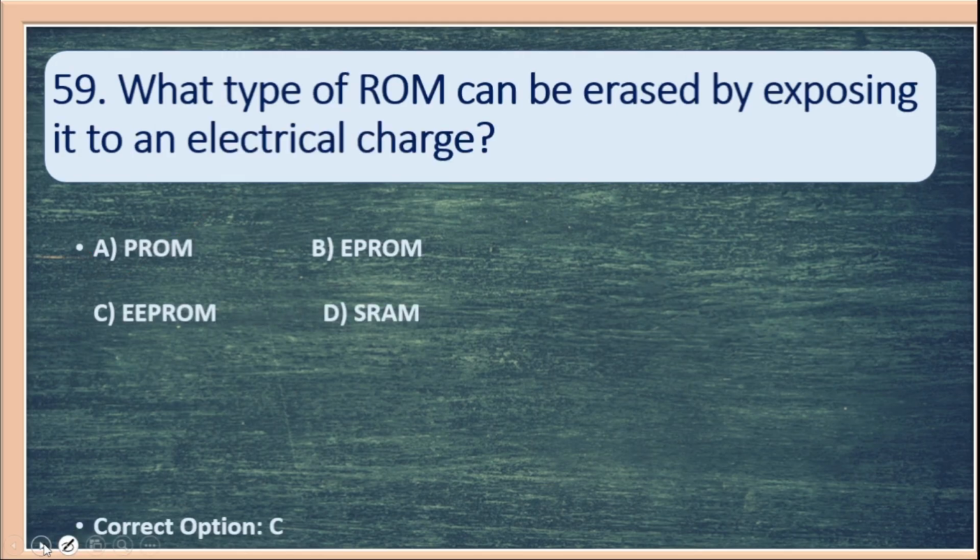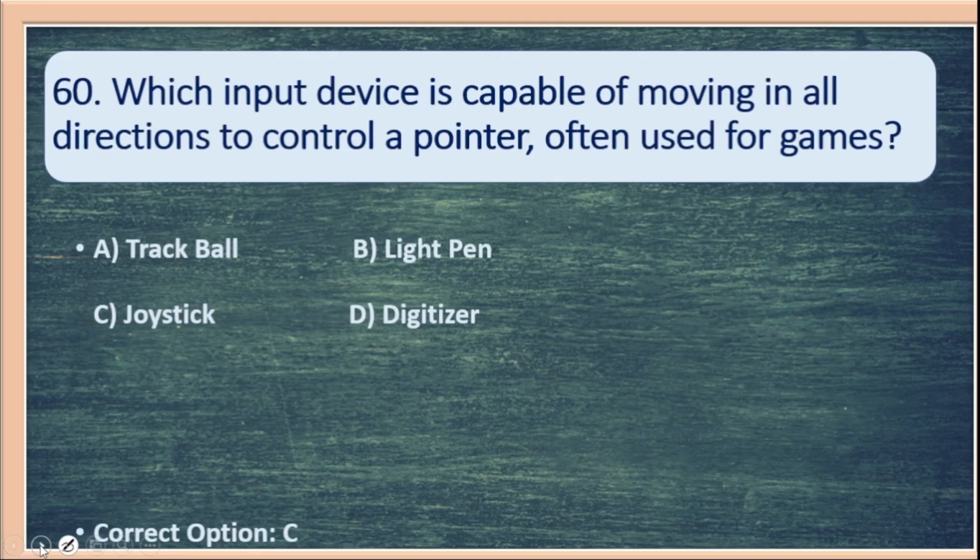What type of ROM can be erased by exposing it to an electrical charge? PROM, EPROM, EEPROM, SRAM. Answer is C. Which input device is capable of moving in all directions to control a pointer, often used for gaming?